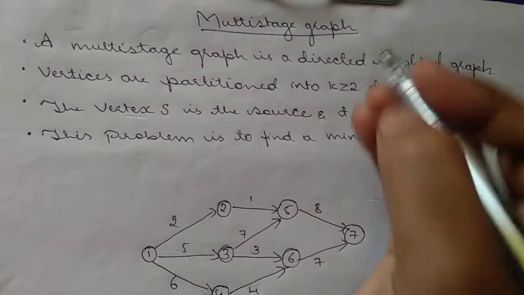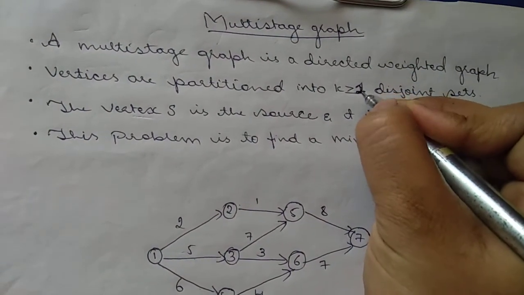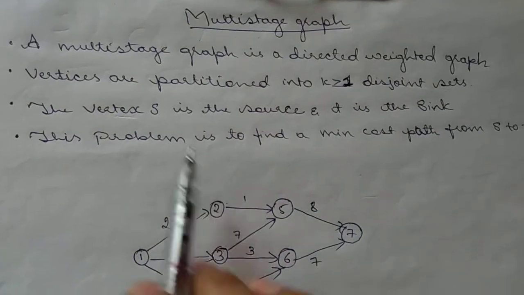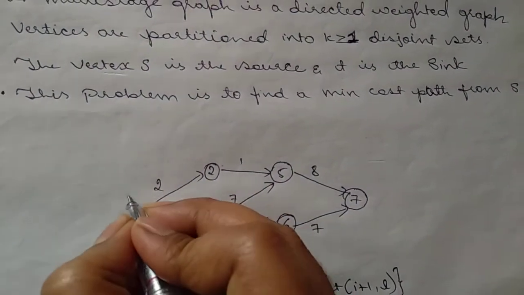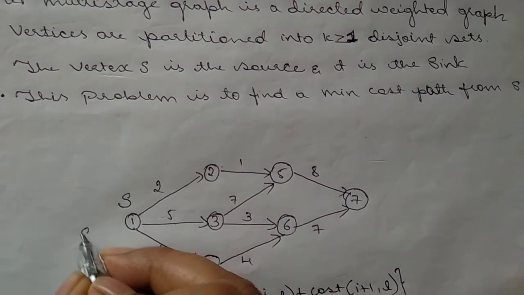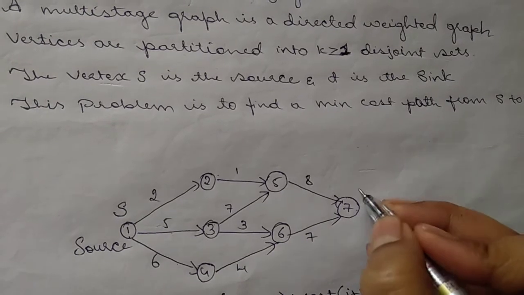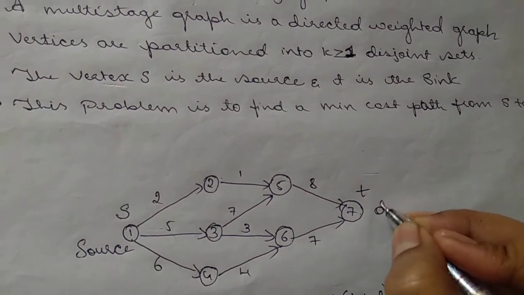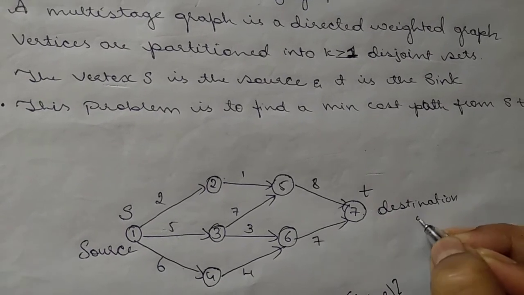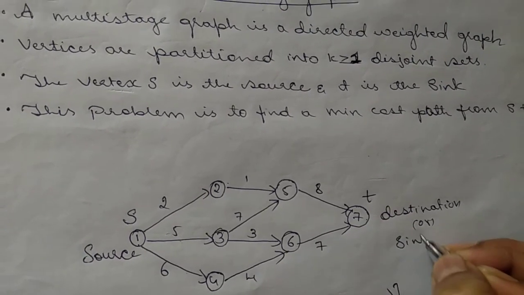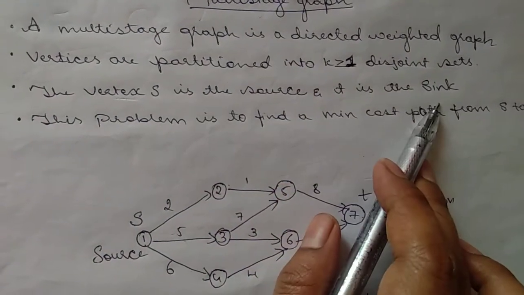The first vertex we have, this one we consider as S or the source vertex, and the last vertex we call T, and this is called the destination or sink. Okay, the vertex S is the source and T is the sink.